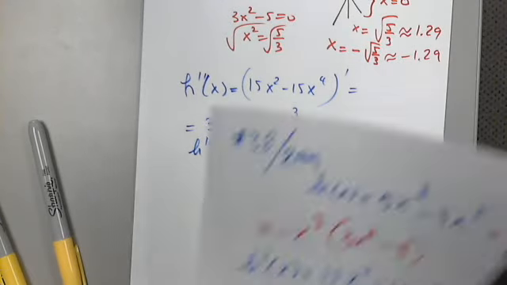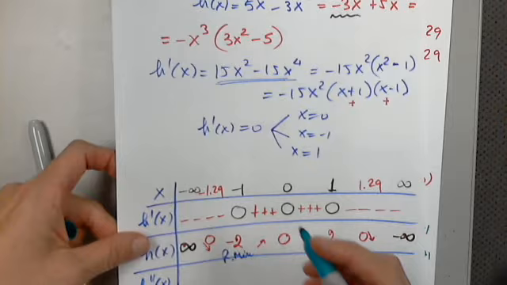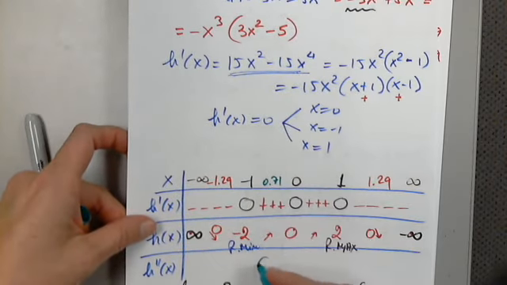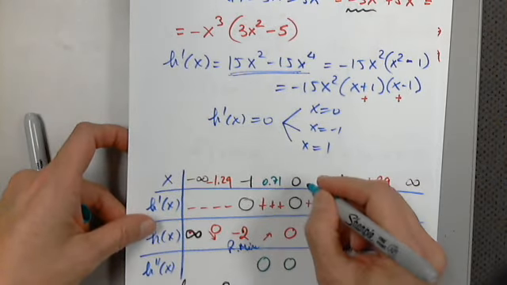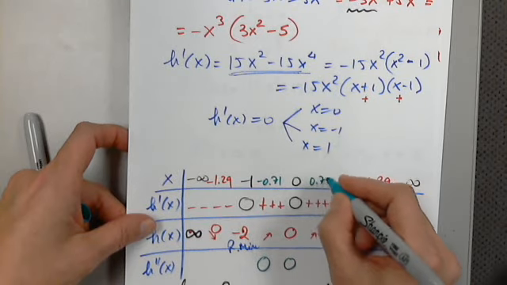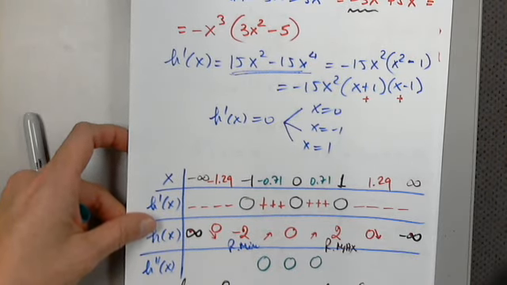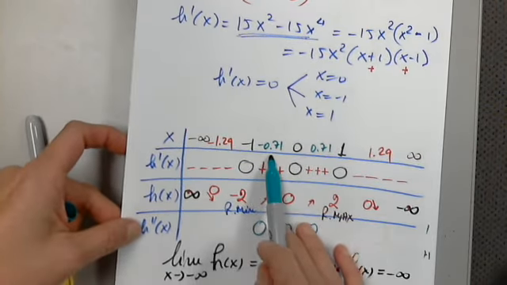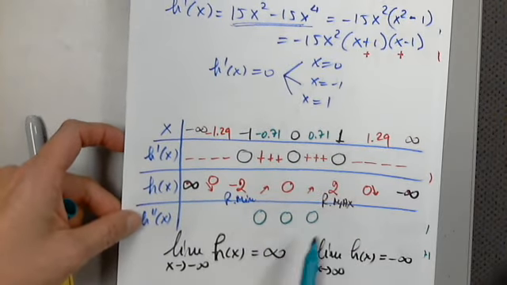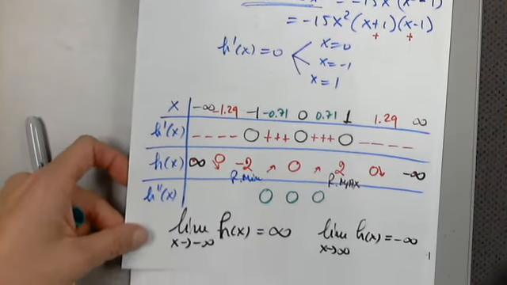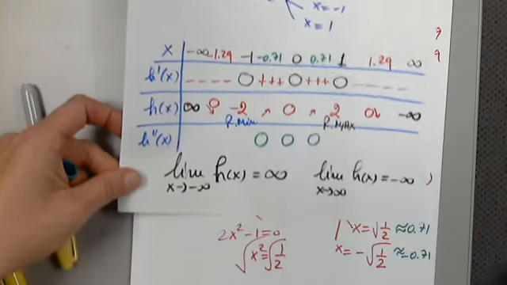So we go back: negative 0.71, 0, and 0.71, and I wrote the zeros correspondingly in the row for the second derivative.